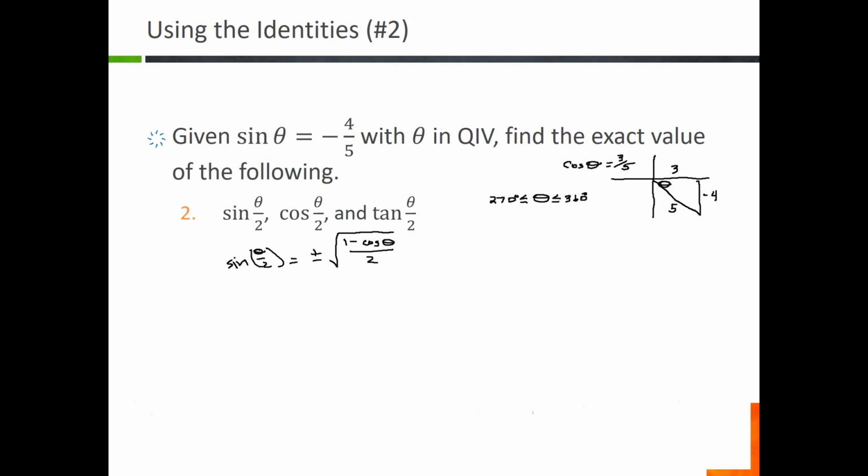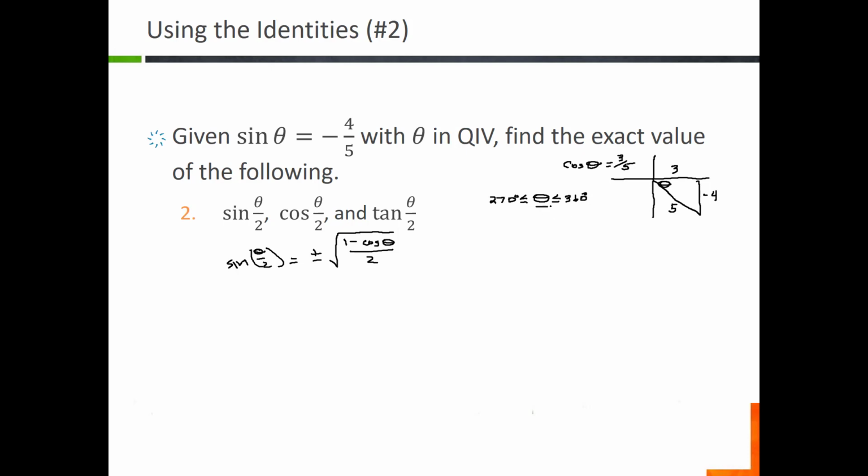But in this case, we want to compute the sine of theta over 2. So if theta is between 270 and 360, how do we figure out what theta over 2 is in between? Because remember, we're not trying to compute the sine of theta, we're trying to compute the sine of half of theta. So let's take my inequality here. 270 is less than theta, which is less than 360.